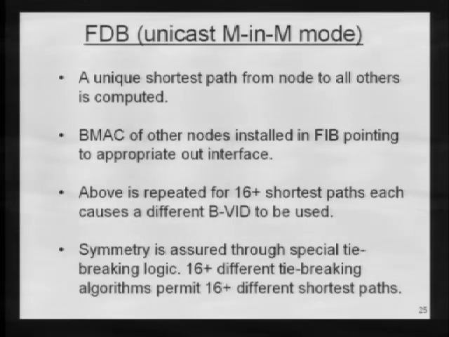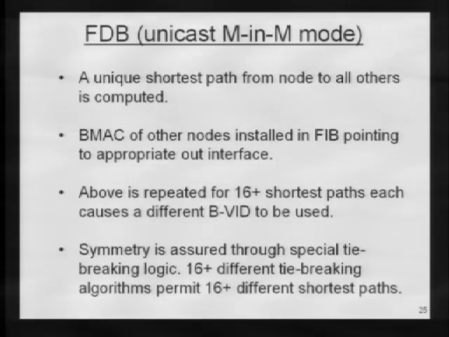And you can think of it as being repeated 16 different times. It's actually not, but logically you can think of it algorithmically as there being 16 computed shortest paths with different B-VIDs for each one. So if you had a 1,000 node network, that means you use 16 B-VIDs in the entire network for this routing.